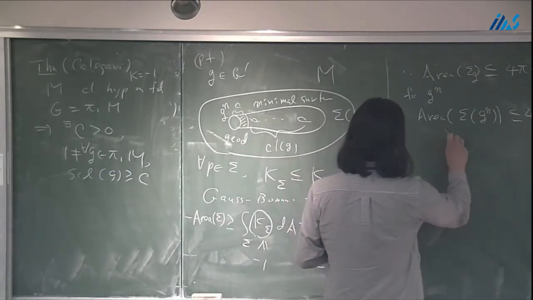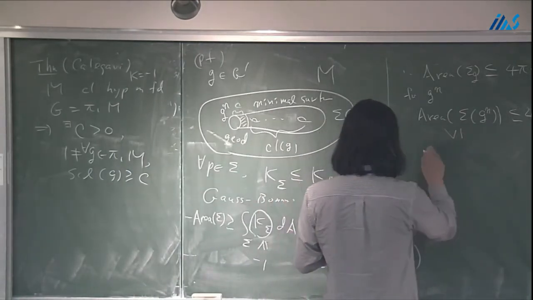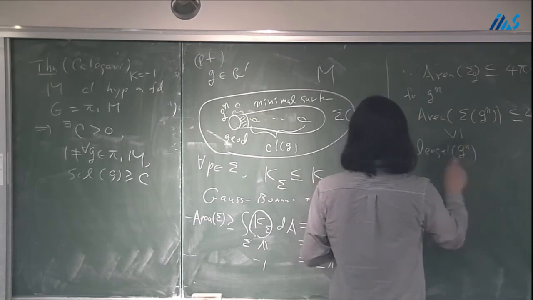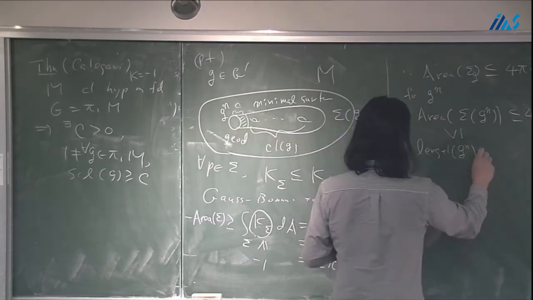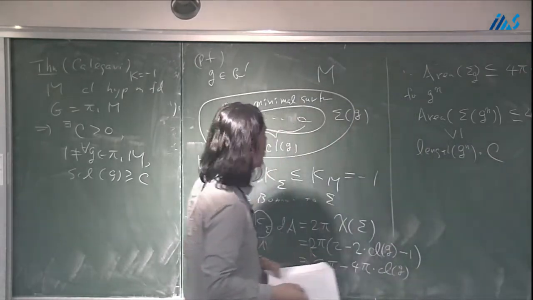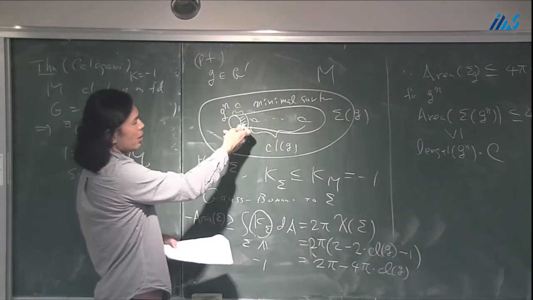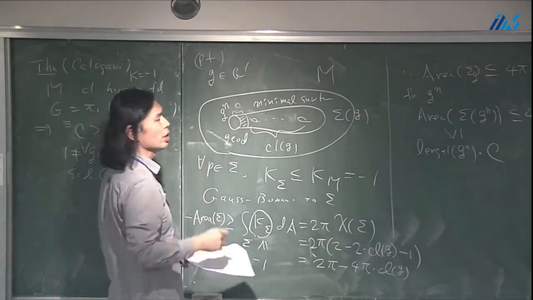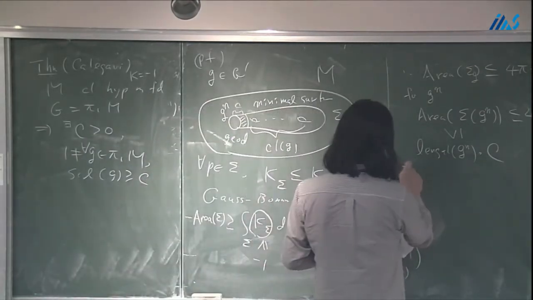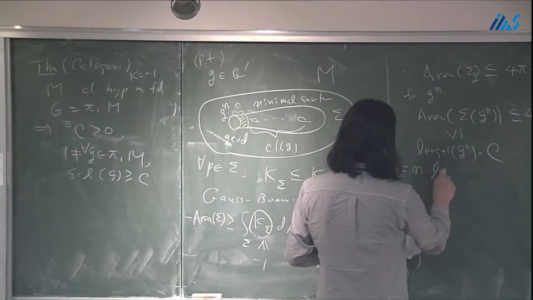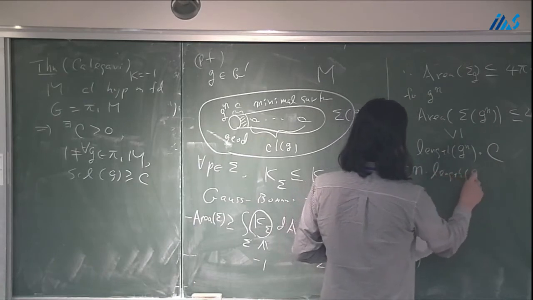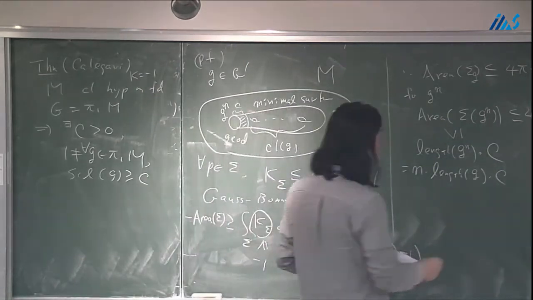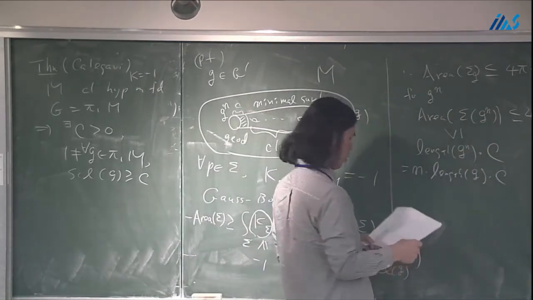That means you have a lower estimate: the length of this closed geodesic for G to the n times C. But G to the n just goes around n times on this closed geodesic for G, so this is n times the length of G times C. Now I divide this inequality by n.